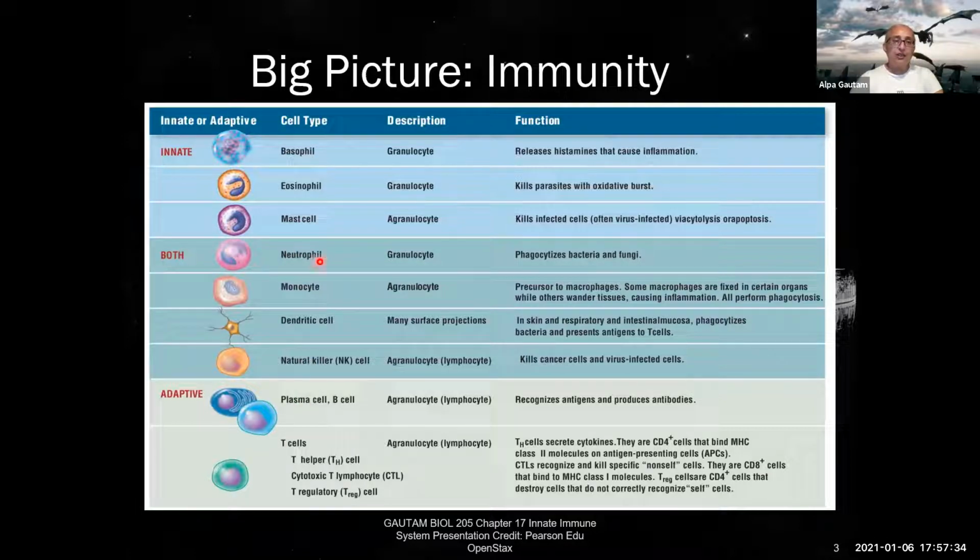I wouldn't say that a neutrophil belongs in the adaptive immune system, but they have a role in interaction between the innate and the adaptive immune system. So those are your neutrophils, monocytes, dendritic cells, and the natural killer cells. And then part of the adaptive immune system are going to be your B cells and T cells.